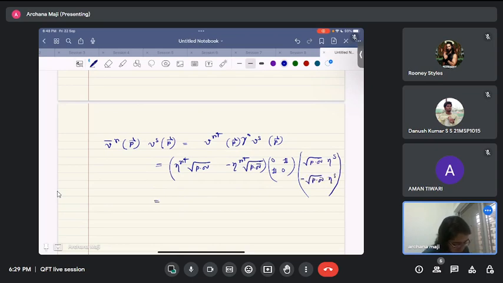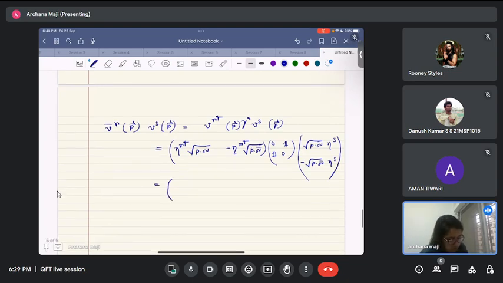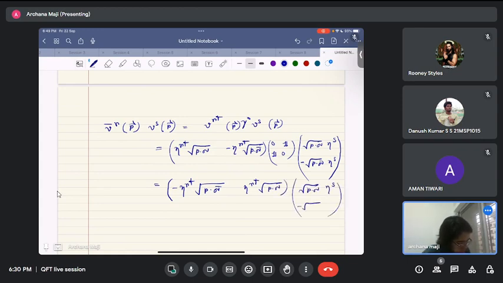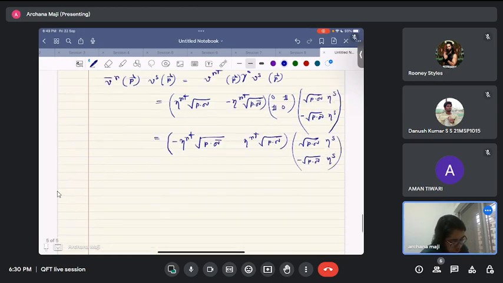So this will become minus eta r dagger when you multiplied by the gamma 0 matrix, minus eta r dagger plus eta r dagger square root p dot sigma, minus p dot sigma bar square root.